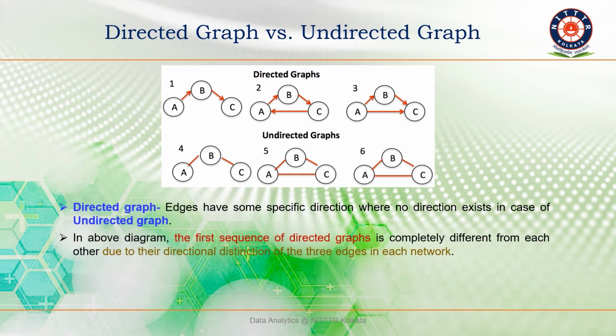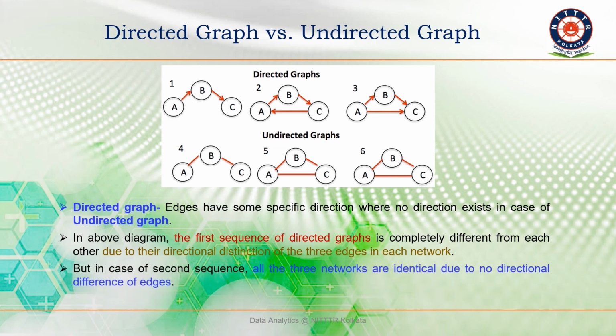In the above diagram, the first sequence of directed graphs is completely different from each other due to the directional distinctions of 3 edges in each network. But in the second sequence, all 3 networks are identical due to no directional differences of edges.